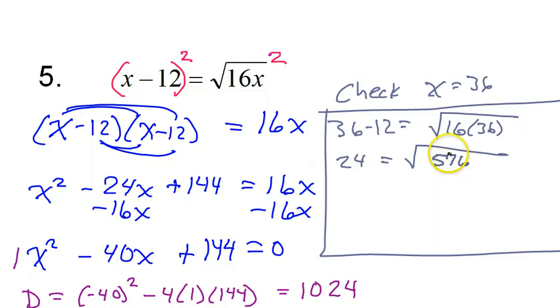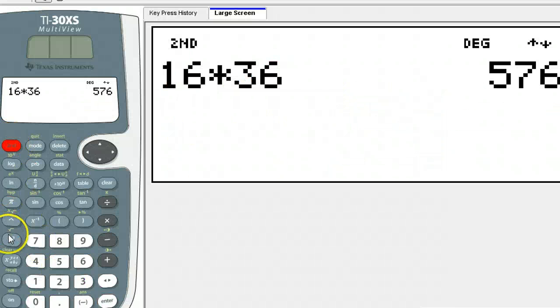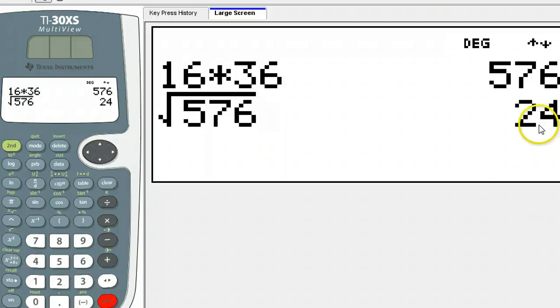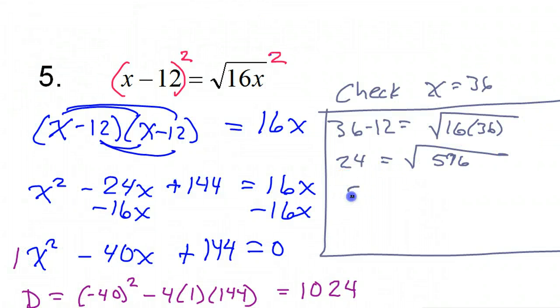Now, I think even on the small calculators, I can still do the square root of 576. So let's do that. The square root of 576 is 24. So I get 24 equals 24. Okay, so that worked out just fine.